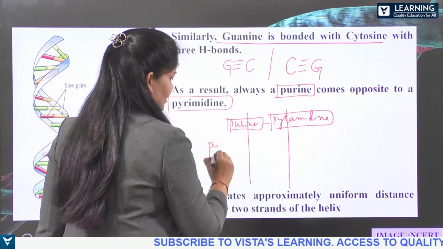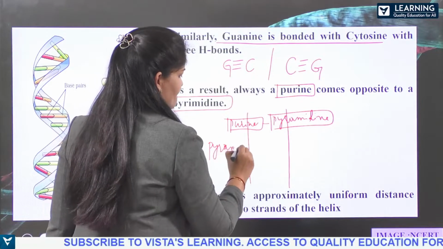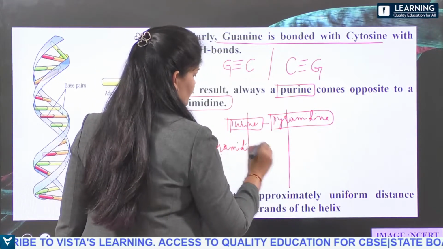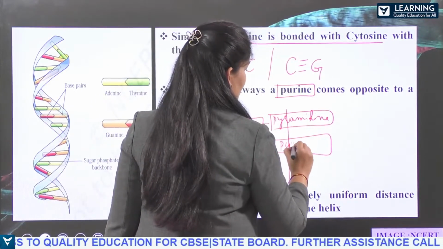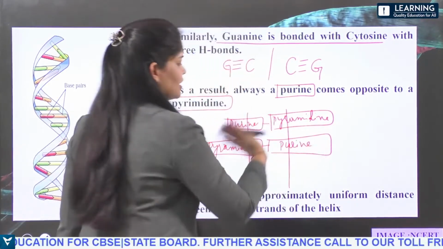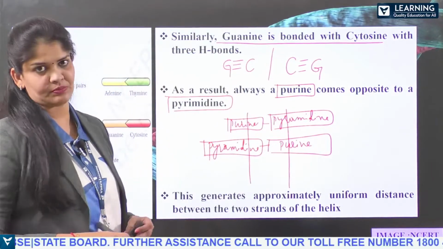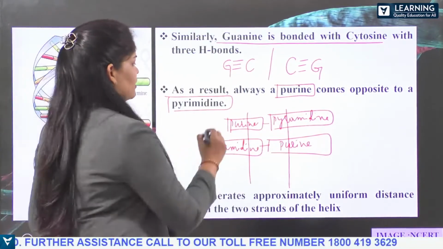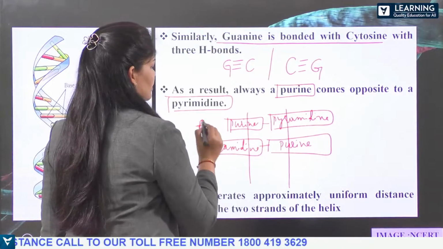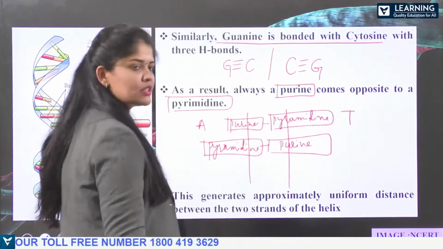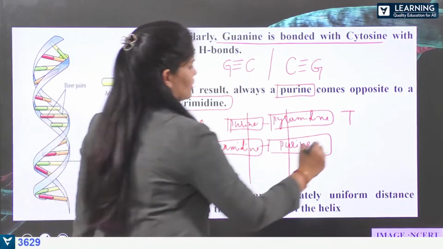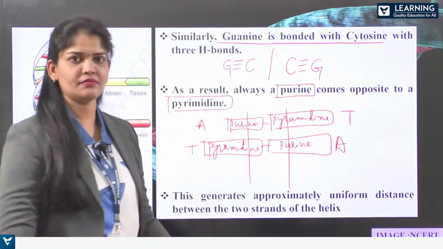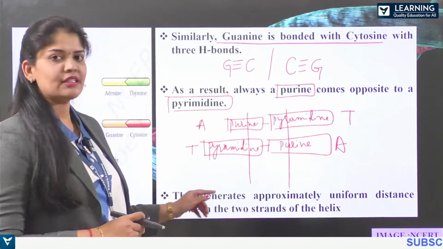That means if you find a pyrimidine here, it will be linked to the purine in the other polynucleotide chain. It may be like adenine and thymine here. The same way here, like this.